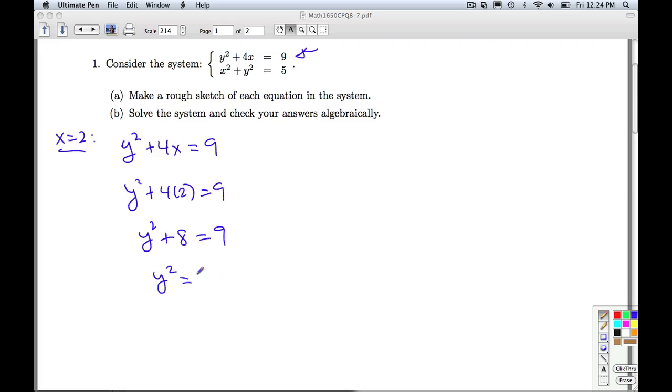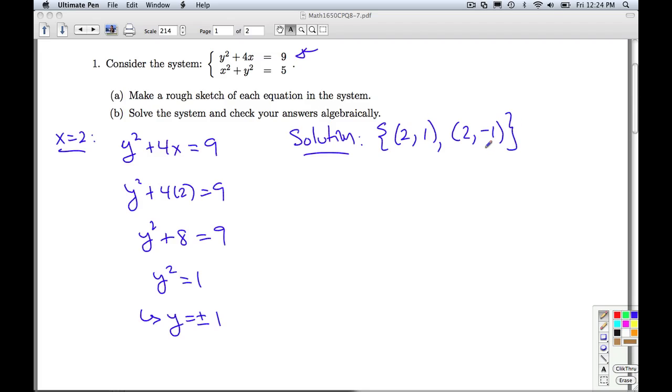I get y squared is 1, which means y is plus or minus 1. So the solution I get is 2 points. The x-coordinate is 2, the y-coordinate is 1. The x-coordinate is 2, the y-coordinate is -1.